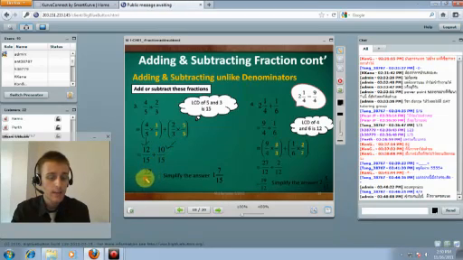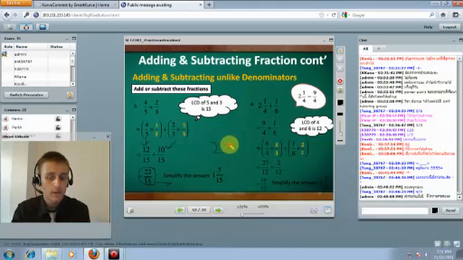We add those together, keeping the denominator the same, adding the numerators. We have 22 over 15. This is an improper fraction. We want the answer simplified as a mixed number.